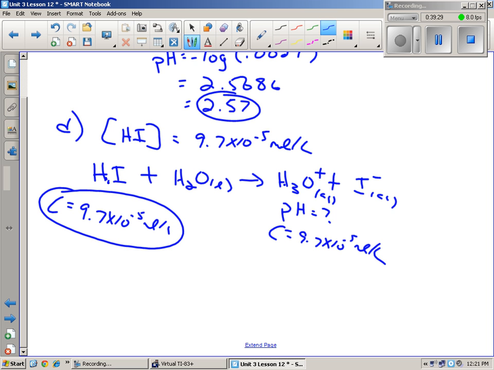I'd have 9.7 times 10 to the negative 5 moles. I move it over to here. 9.7 times 10 to the negative 5 moles divided by a liter, I get the concentration of 9.7 times 10 to the negative 5 moles per liter, right? The concentration is going to be the same. If it ionizes completely, the amount here is going to equal the amount here in the same volume.